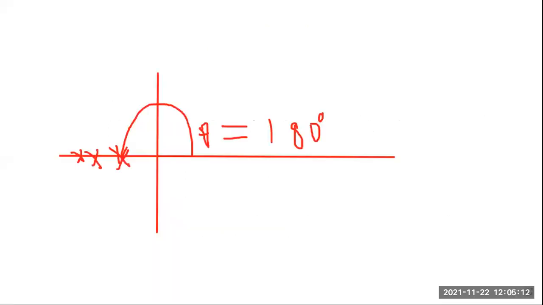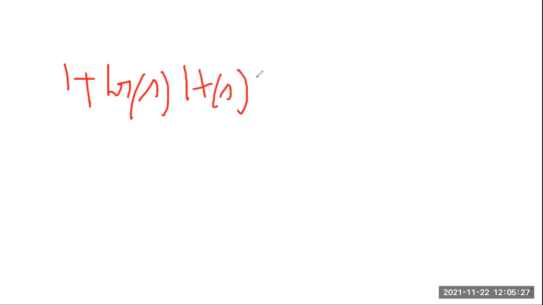Suppose you have a characteristic equation, let us say 1 plus G(s)H(s) equal to 0. This is the characteristic equation we know. Now G(s)H(s) obviously has a parameter k, so this equation will be a function of k.